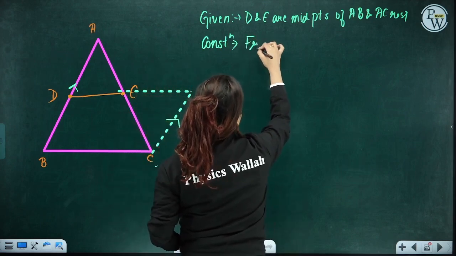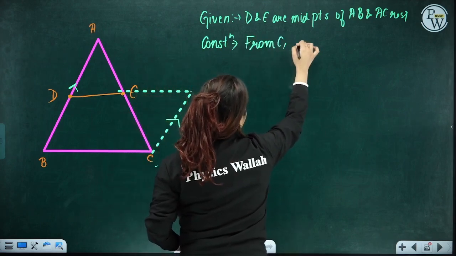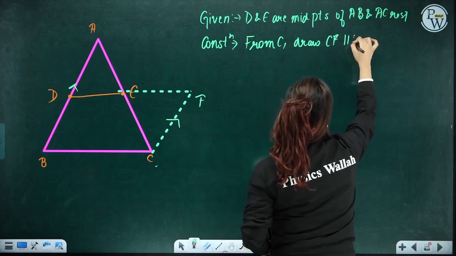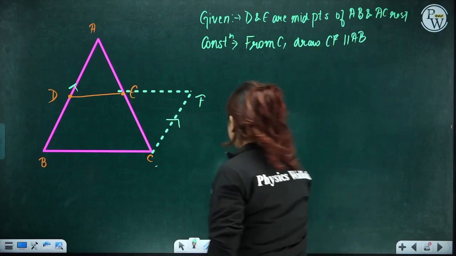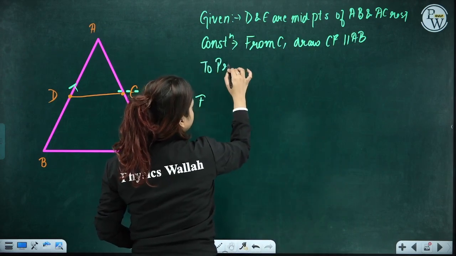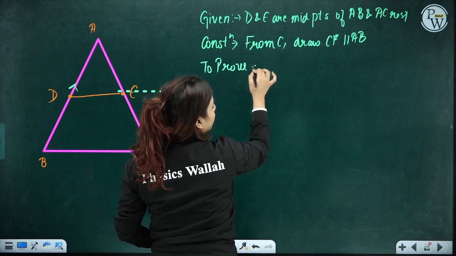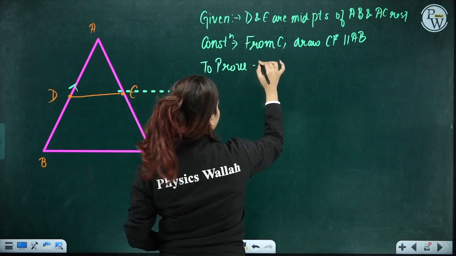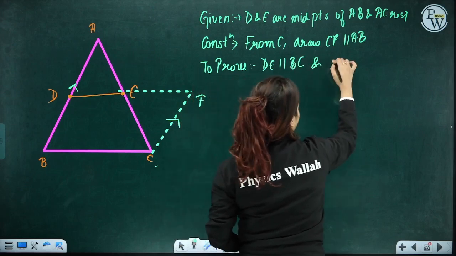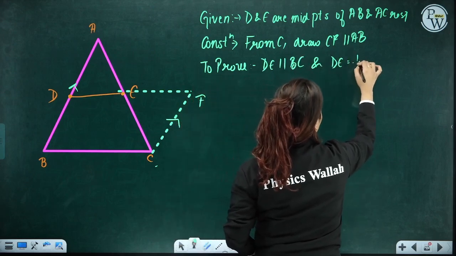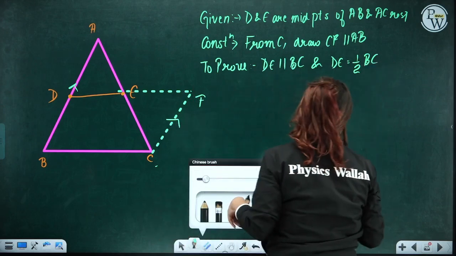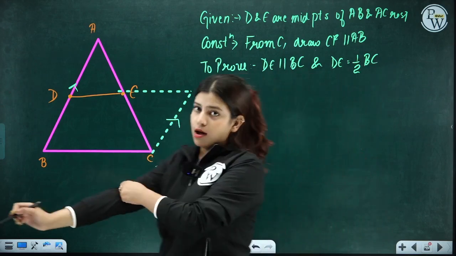That from C, draw CF parallel to AB, right? This is the construction. Now, what we have to prove? So, at the end, our motive for this theorem is we have to prove that DE is parallel to BC and DE is also equal to half of BC. So, this is what we have to prove in this particular theorem.